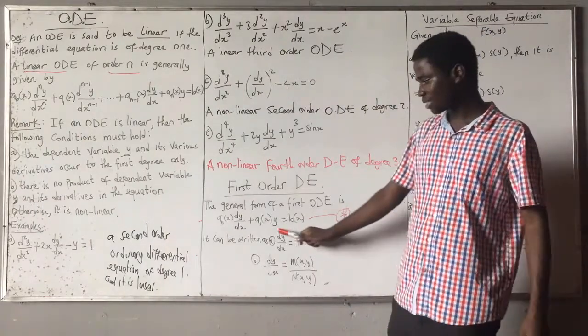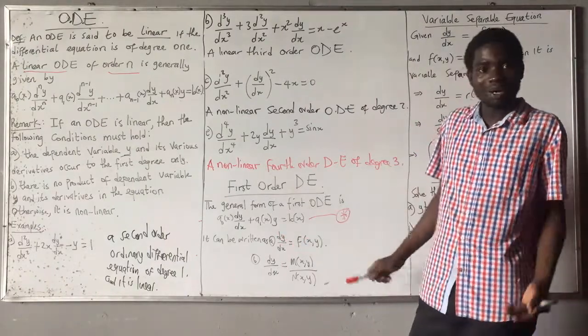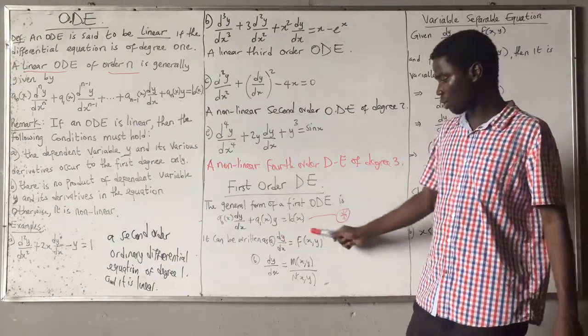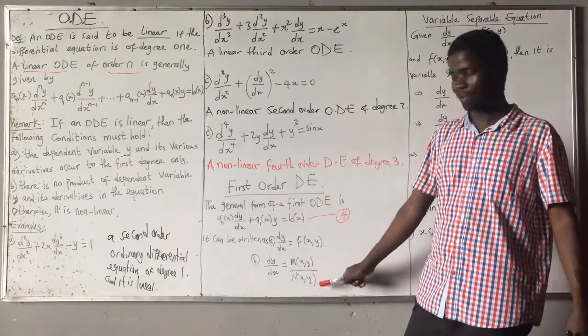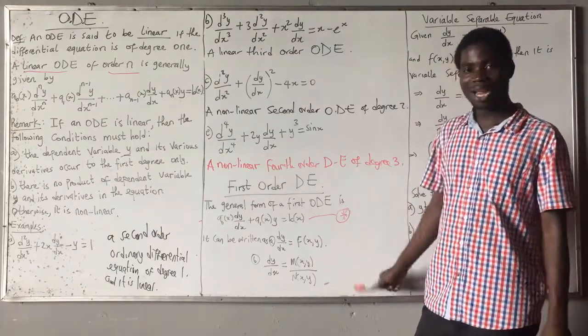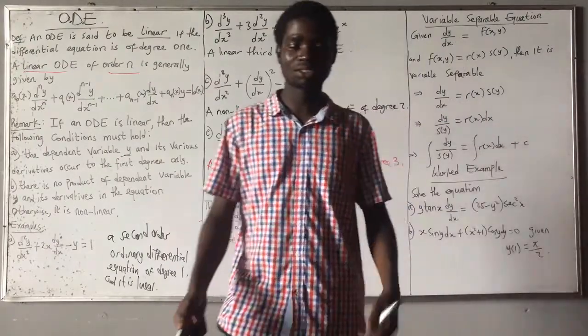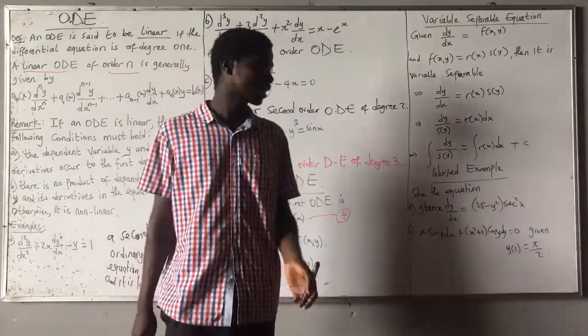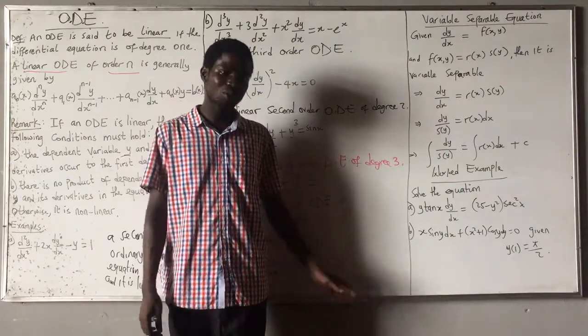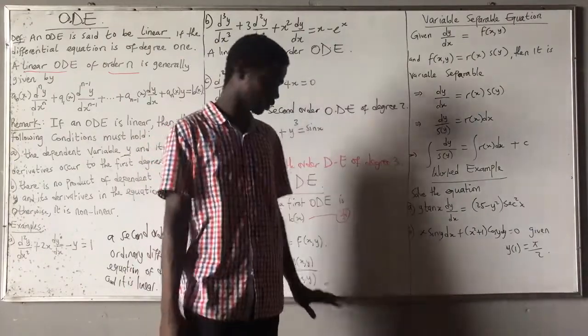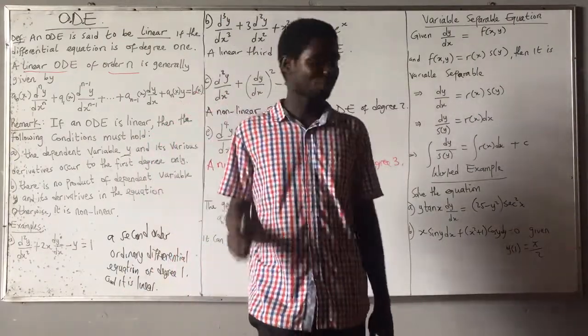You can also write it this way: dy dx equal f of x comma y. In fact, f of x comma y can be m of x y all over n of x y. Whichever way you write it, these are the three different ways of writing a first order differential equation. Even there are other ways to write it, but you understand what they mean by a first order differential equation.